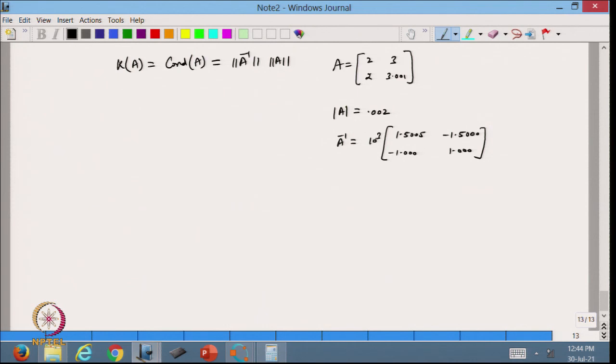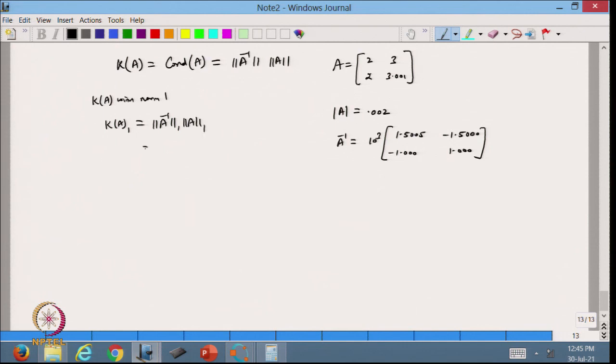Now, I can find out the condition number. I can find out the condition number with any of the matrix norms. So, let us find out the condition number of the matrix A with norm 1. It means I am taking 1.